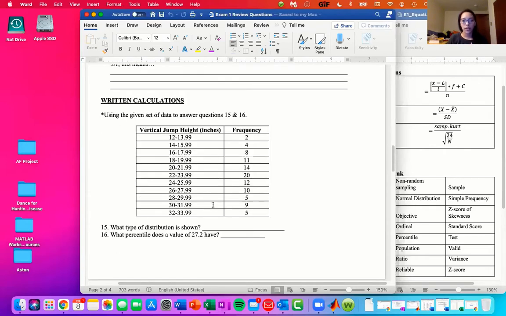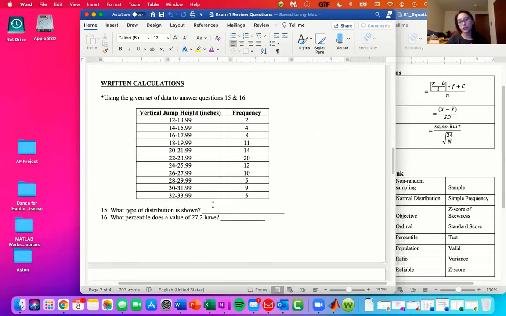For tests 1 and 2 specifically, you'll usually have a written calculation section where you can use a piece of scratch paper or Excel, but you're manipulating any of the equations that we've been working with so far.